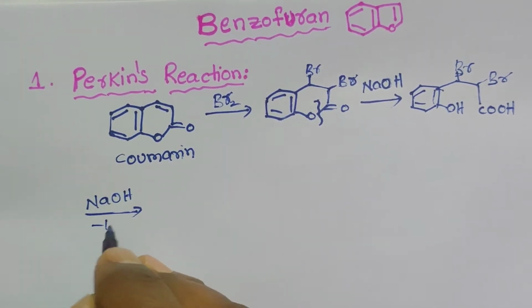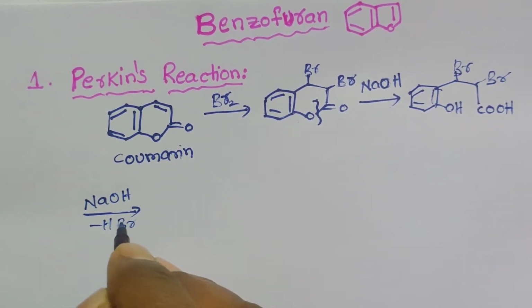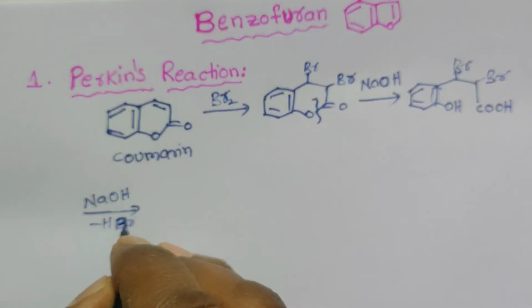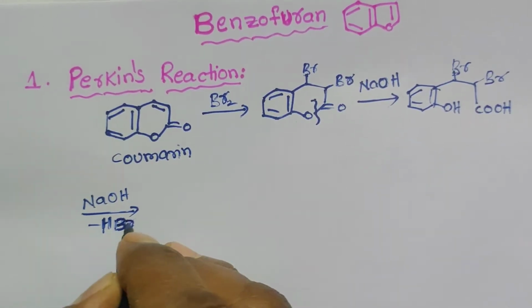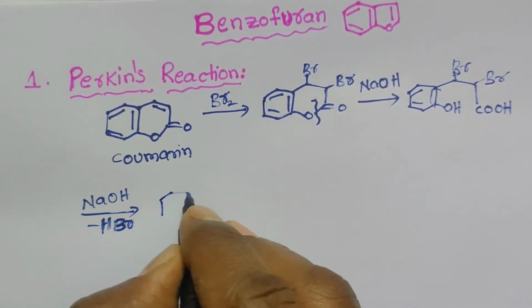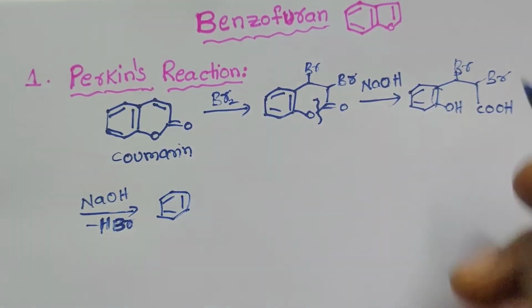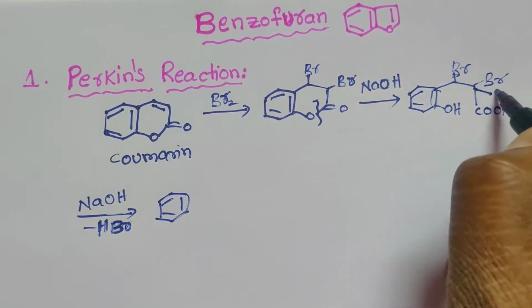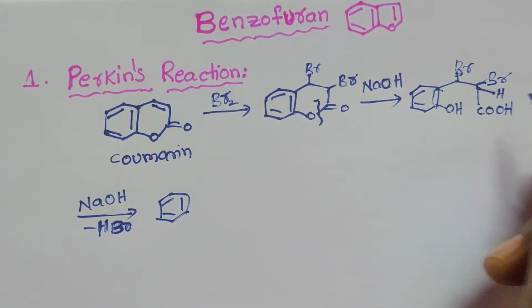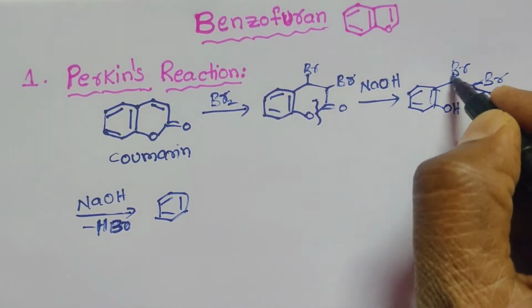So look here, in the presence of this NaOH, it loses the HBr and we get the unsaturated carboxylic acid like this. So look here, one H from here and one bromine from here goes outside like this.